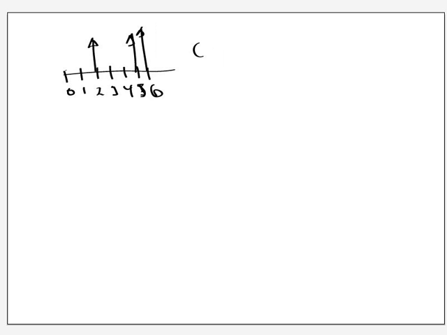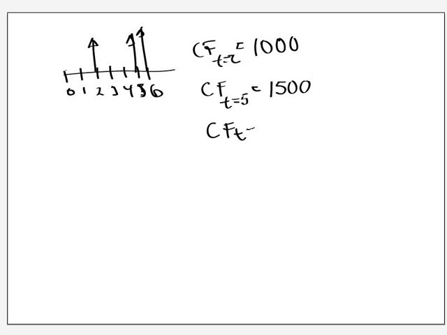Let's consider that the cash flow at t equals 2 is $1,000. The cash flow at t equals 5 is 1,500, and the cash flow that we want to receive at t equals 6 is let's say 1,700.